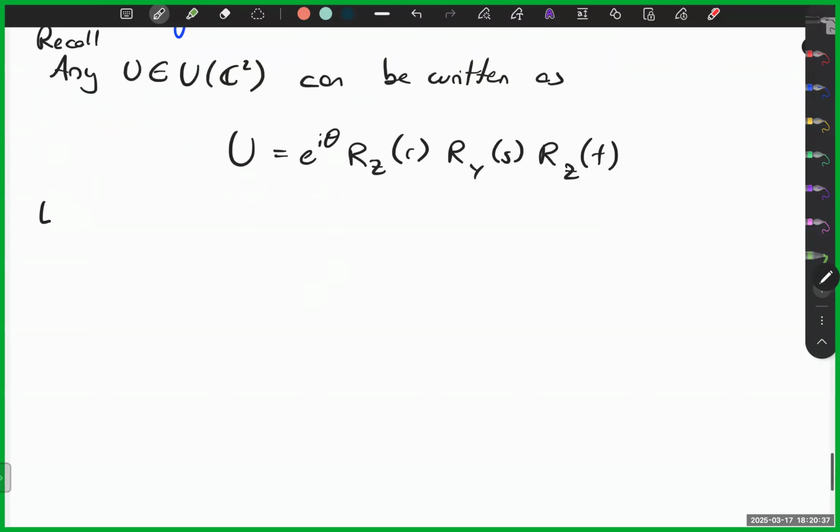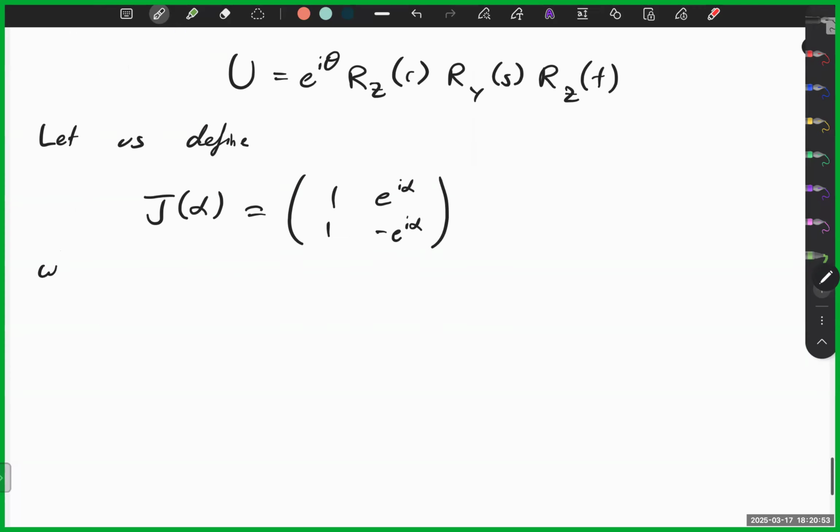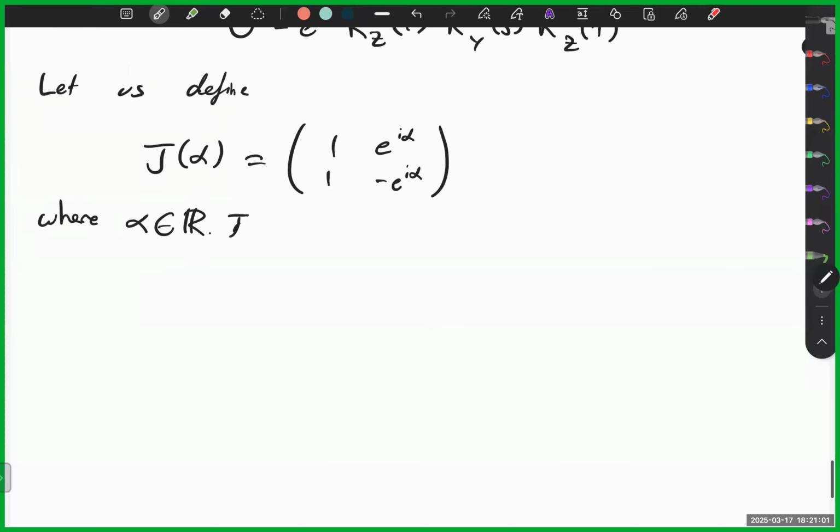Then let us define J alpha as 1, e^{i alpha}, and 1, minus e^{i alpha}, where alpha is a real number. I will skip the computation, but this operation satisfies that Ry alpha equals J(alpha over 2).